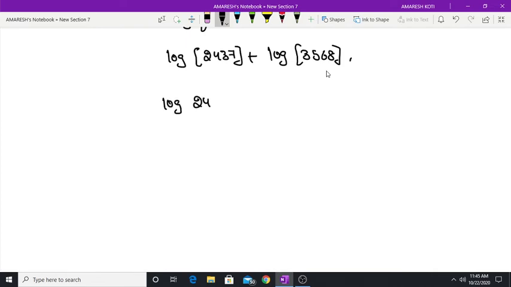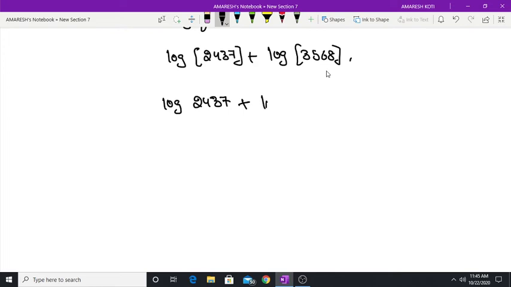So log 2437, where 2437 is a prime number. So 3568 is 2 power 7 into 31.